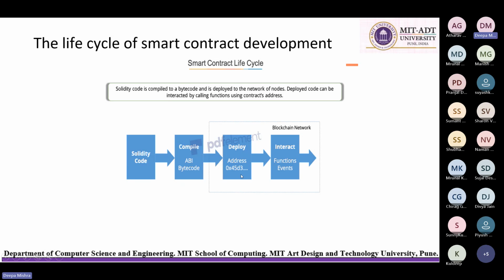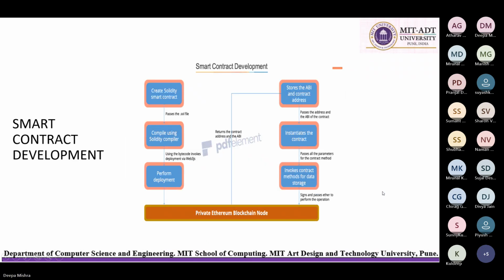We are going to look at all of these things in practical, but first we understand the sequence. Coming to a more detailed understanding of smart contract development. The first step is creating the Solidity smart contract, for which we are going to use the Remix IDE.